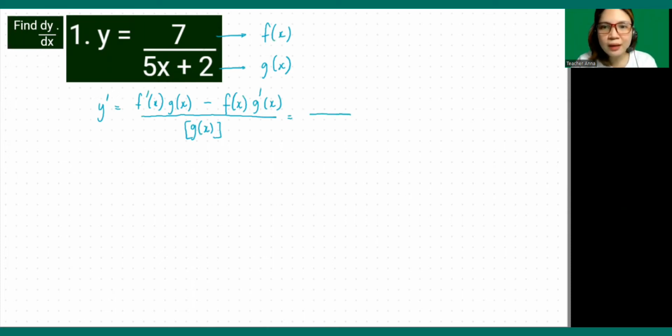So we have 7 is our f of x, right? So f prime of x means 7 prime multiplied by 5x plus 2 minus 7 multiplied by g prime of x, which is 5x plus 2 prime all over the square of 5x plus 2.